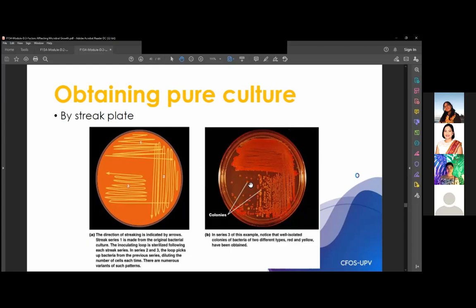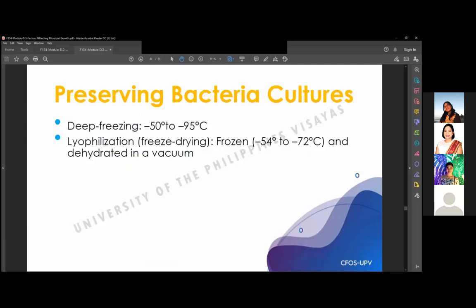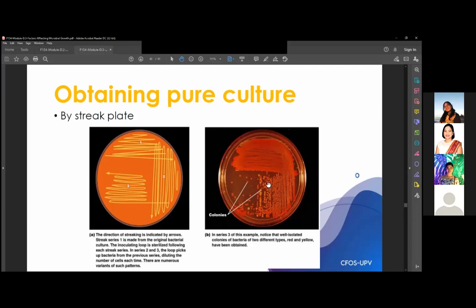That's the time you check whether you have isolated a pure culture of the microorganism. So this is repetitive. In the second picture, you take a single colony and streak it again. After 24 hours of growth, you get another single colony, streak it again, until such time that you get a pure culture. Okay, next slide.